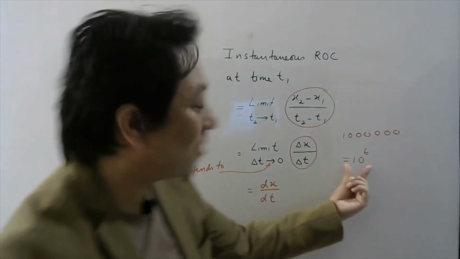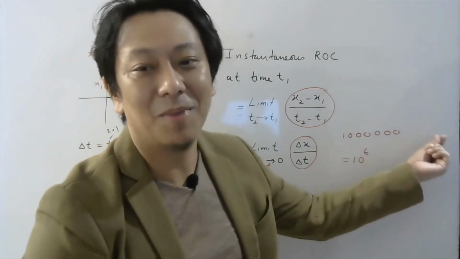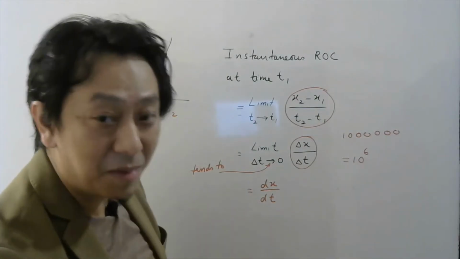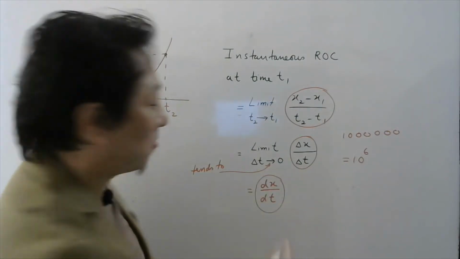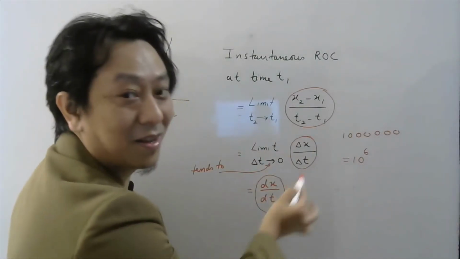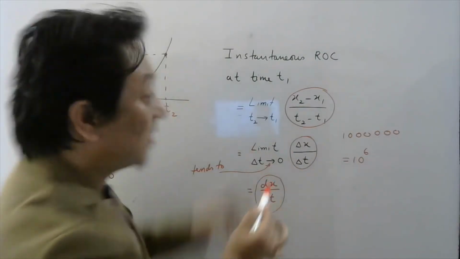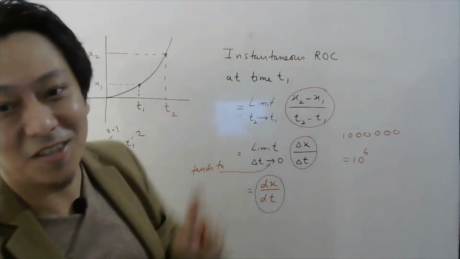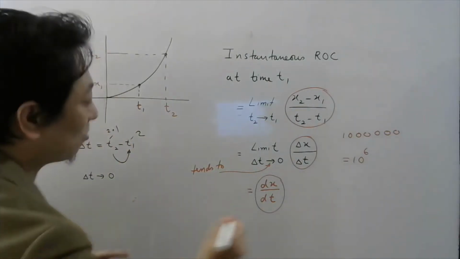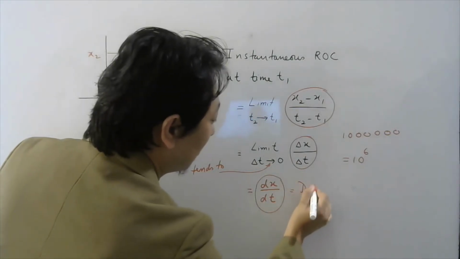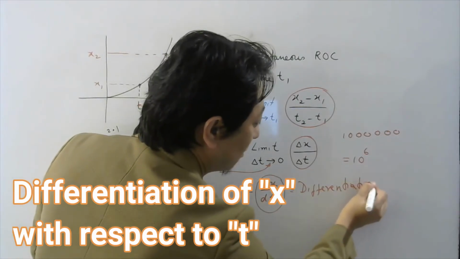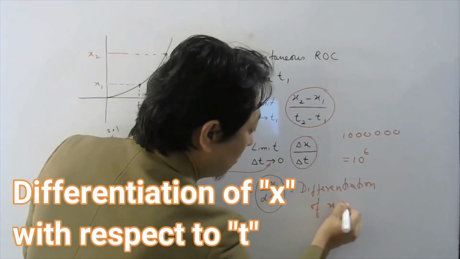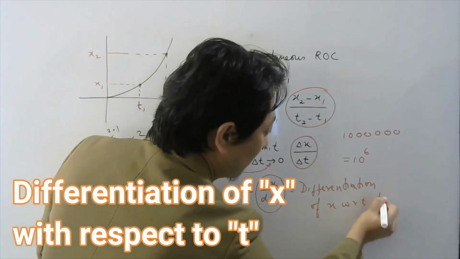So this is just a way of writing this number. Similarly, you should remember that this is just a way of writing this concept. And what does this concept give you? The instantaneous rate of change. And that is what we call differentiation of x with respect to t.